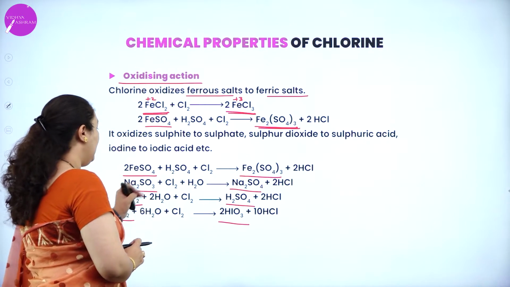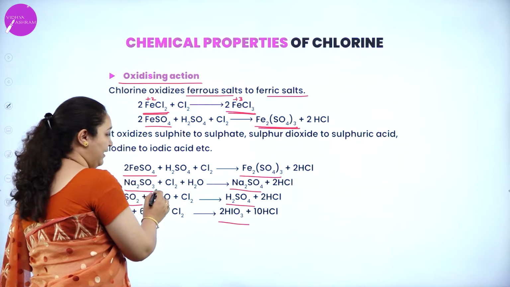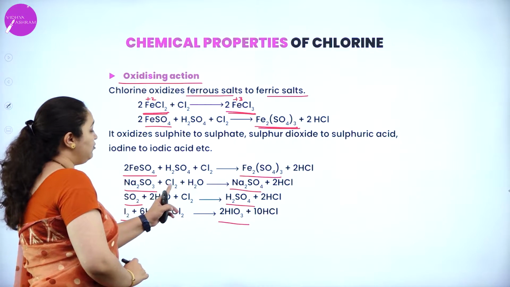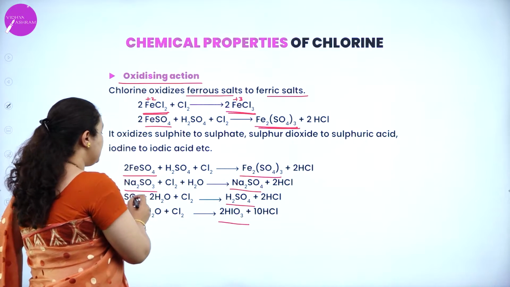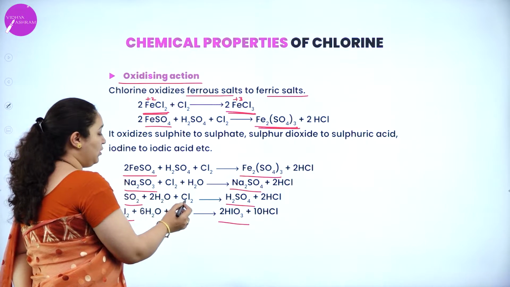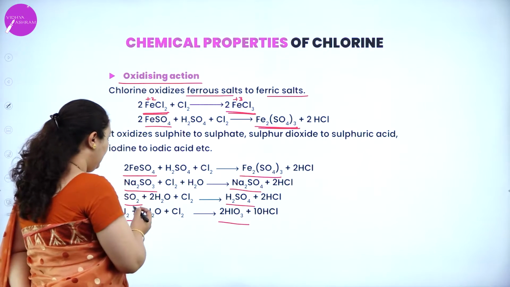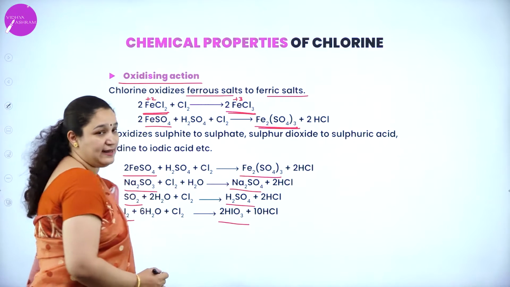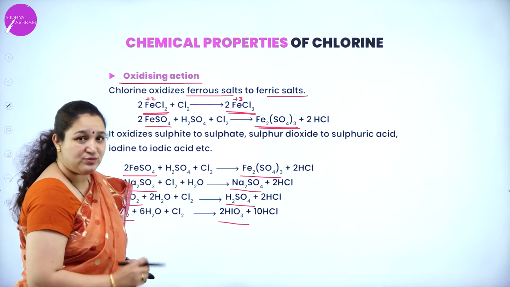Not only that, it will convert sulfite Na2SO3 to sulfate Na2SO4. Meanwhile, chlorine with water it will form HCl. Same way, sulfur dioxide gas with water and chlorine it will form sulfuric acid and HCl, and iodine, water and chlorine together will form iodic acid and HCl. So thus this is the oxidizing action.